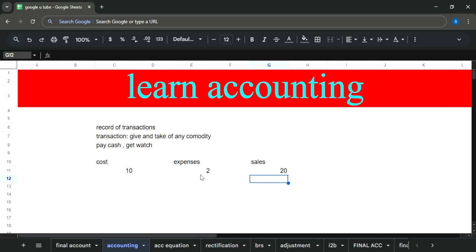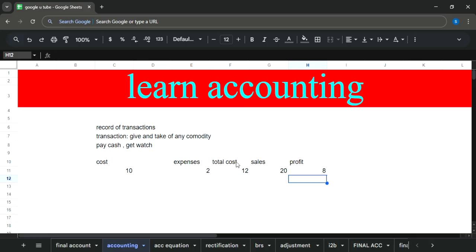Say the expense of this value addition is 2. So total cost would be considered as 12. And you have sold this commodity for rupees 20. So you have got a profit of rupees 8.